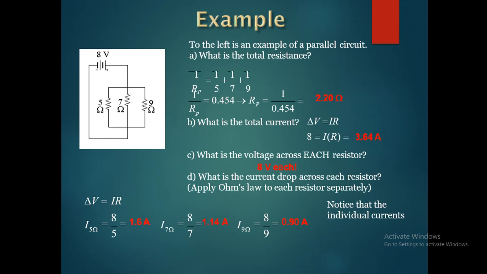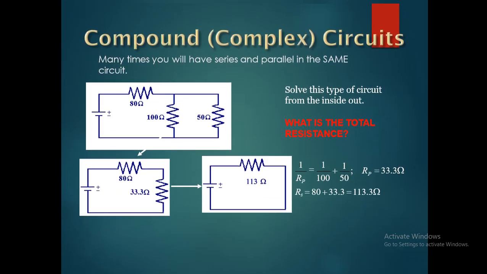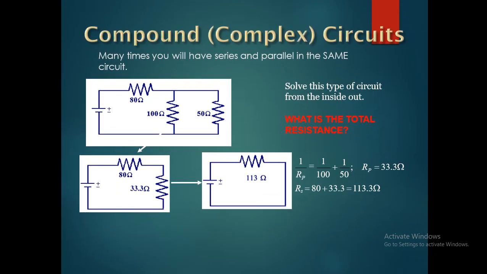Like that we have to calculate the current values, voltage values, and total resistance values when a parallel circuit is given. And we'll see one more problem where the resistances are connected in a series and parallel combination. Here is the circuit. We are going to reduce this by using circuit simplifications.